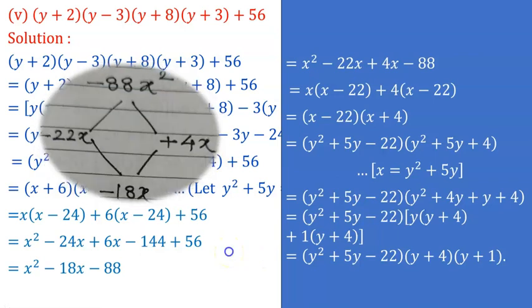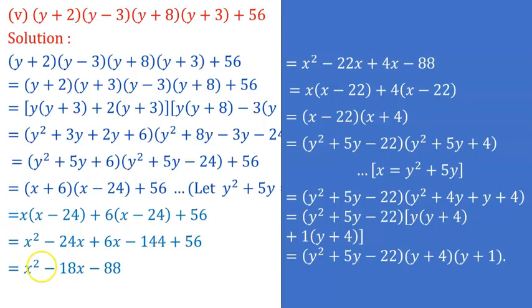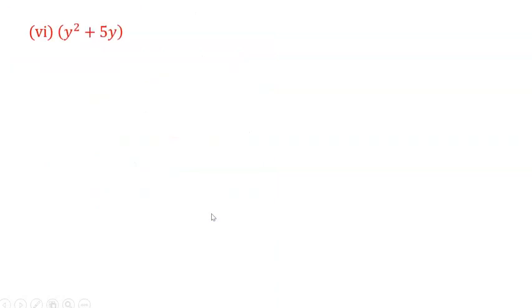Now next, example: (y² + 5y)(y² + 5y - 2) - 24.